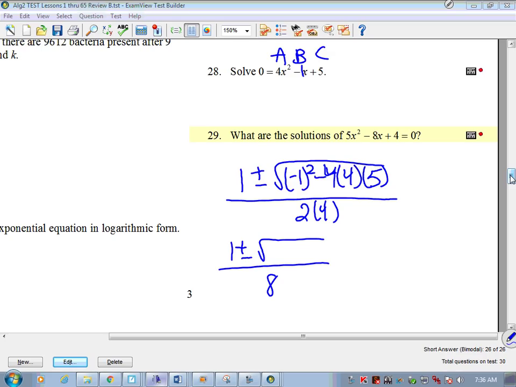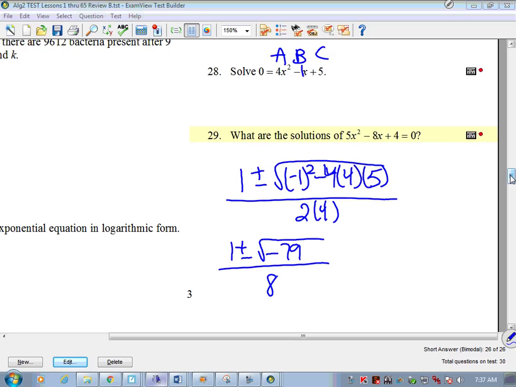So those are the easier ones to do. All right, so -1 squared is 1. We've got -4 times 4 times 5. So -4 times 4 times 5 is -80. So we have 1 minus 80. That's giving me -79 in here.